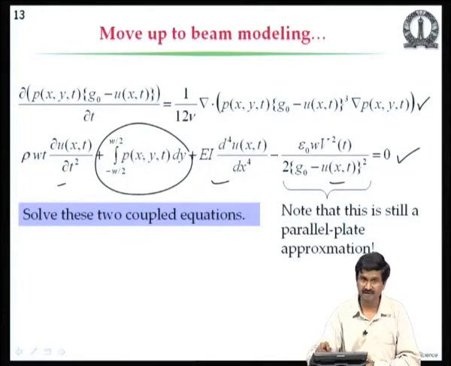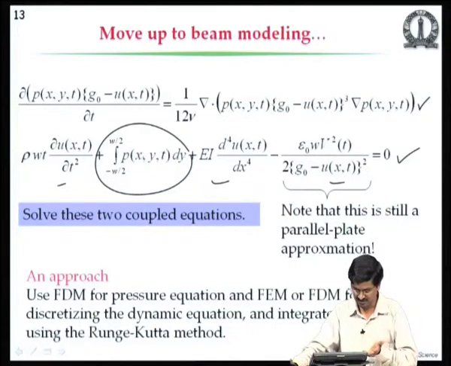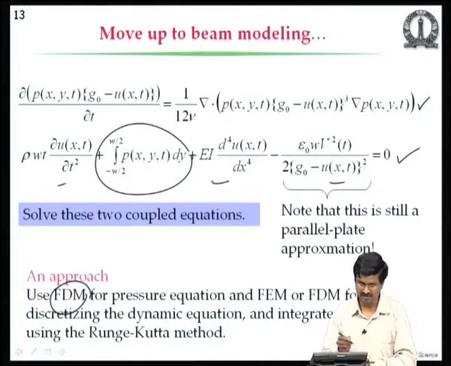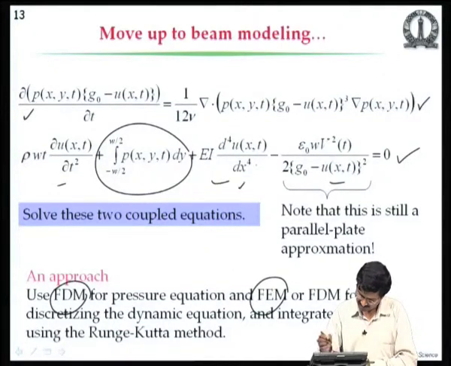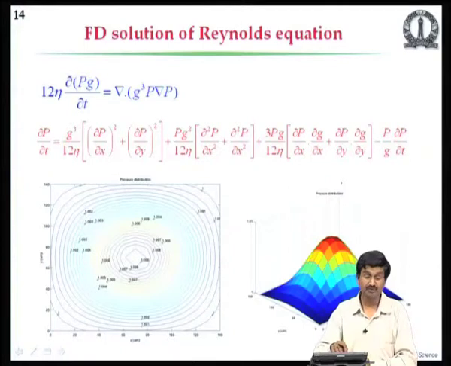Already we have mechanical and electrostatic coupled here, and we need to couple with the fluidic equation also. When you solve it, to make it interesting, use the finite difference method for solving the pressure equation, that is that equation, finite element for solving the mechanics equation, and electrostatics is just parallel plate approximation. Right now you can get a solution where you can get the pressure field without linearization.